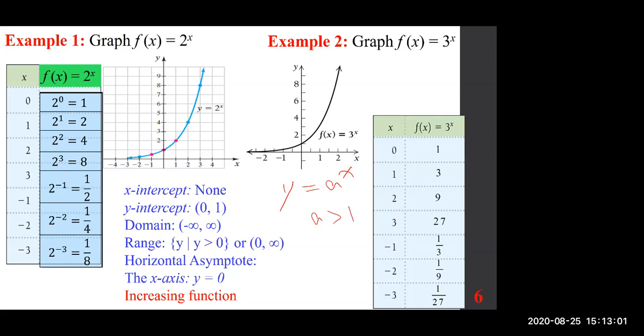So everything that you see here, and this is the generalization. I hope you see the concept and you stick with that. All right. Again, I'm refreshing your memory about what we learned about exponential functions before.